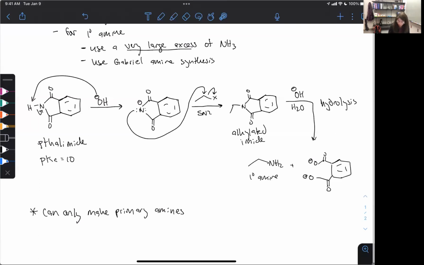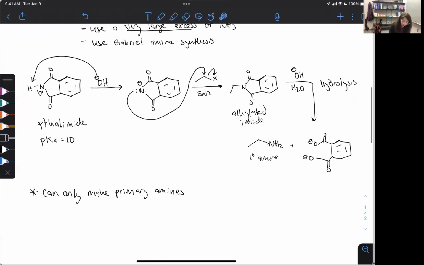But the atom economy point comes into this part where all of this is essentially trash. So you're throwing away a really big chunk of material in relation to what we've added. So in terms of efficiency and atom economy, it's not the best, but it does get you the product that you want.